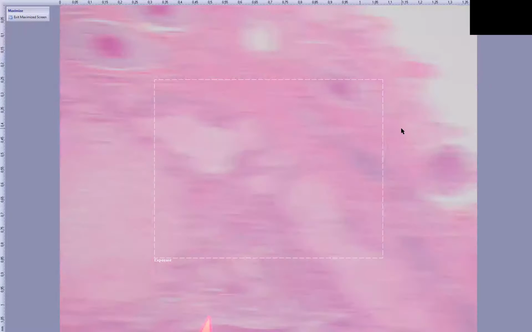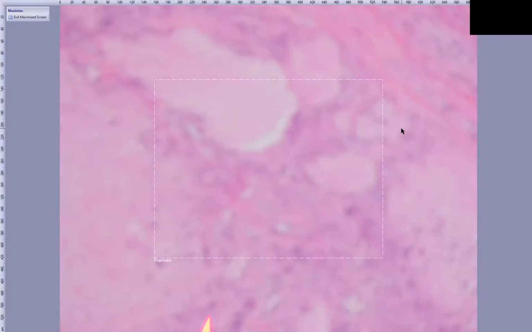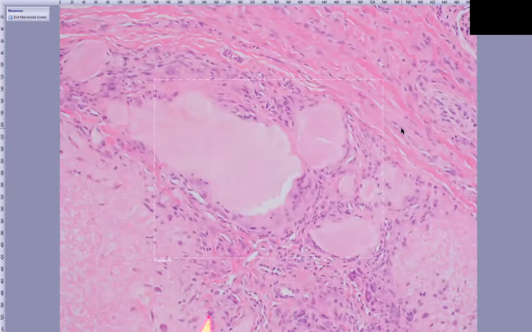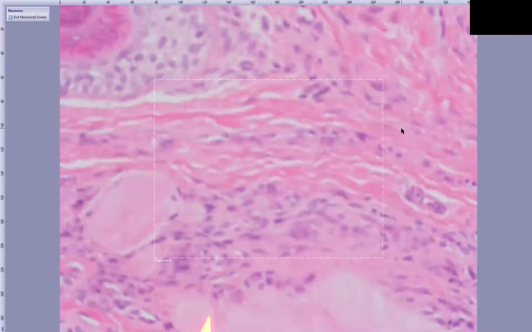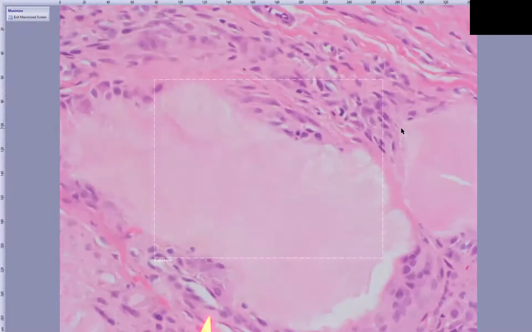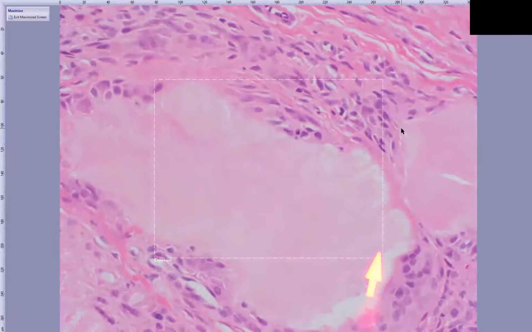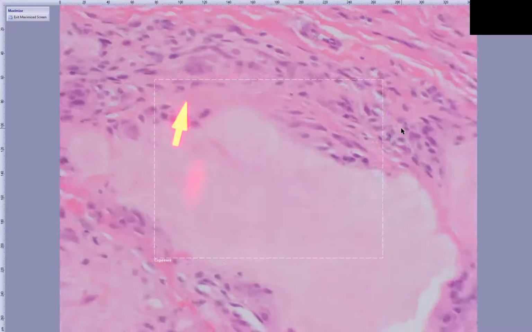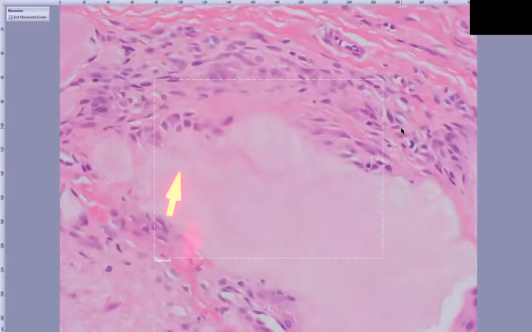These pale pink deposits represent a gouty tophus. And when you look at them on really high power, at the fringes of these seemingly amorphous pink deposits is kind of a feathery appearance, as you can appreciate here. It almost has a cotton candy feathered appearance. That is what a gouty tophus looks like.